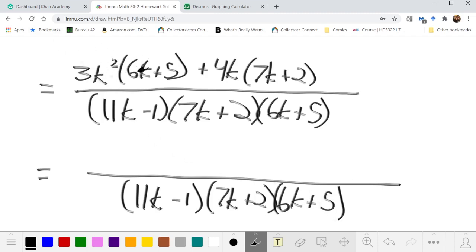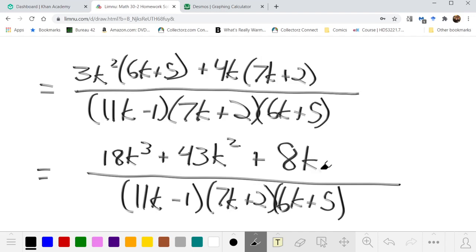We'll have a single term with k cubed. It's an 18k cubed from the first term. We'll have a 15k squared from here and a 28k squared from there, for a total of 43k squared. We have now accounted for everything but this term, which is a simple 8k.